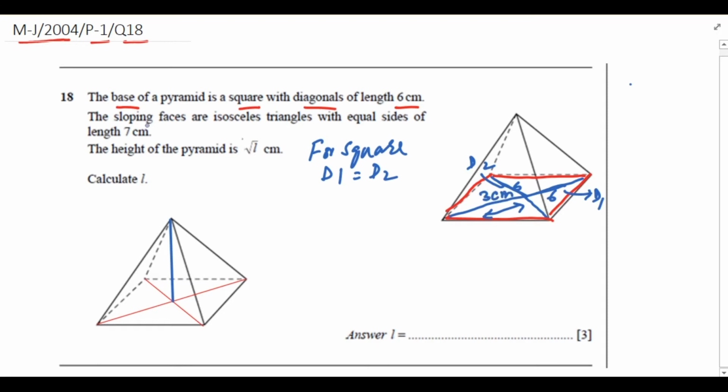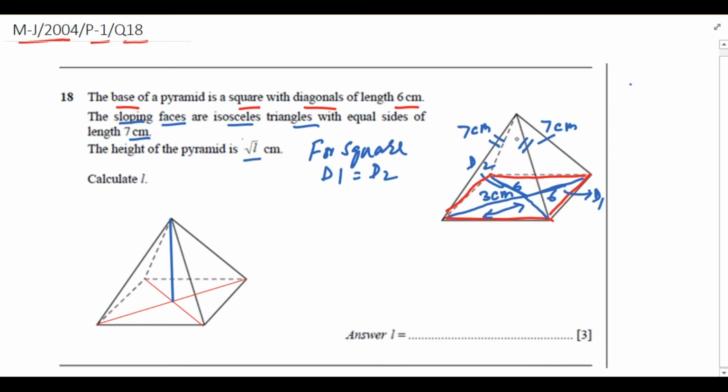The sloping faces are isosceles. It means that two sides of the triangles are equal as shown. So both the sides are 7 cm each. The height of the pyramid is under root L centimeter.